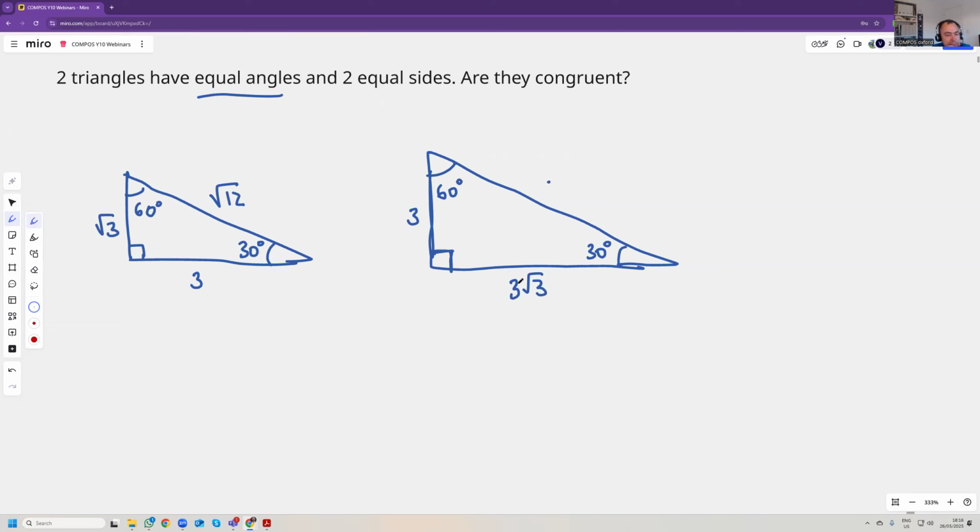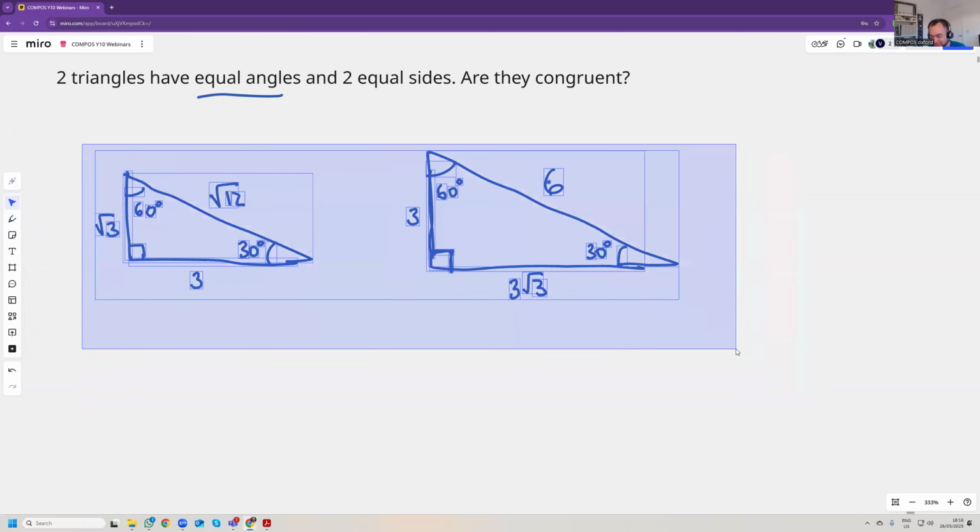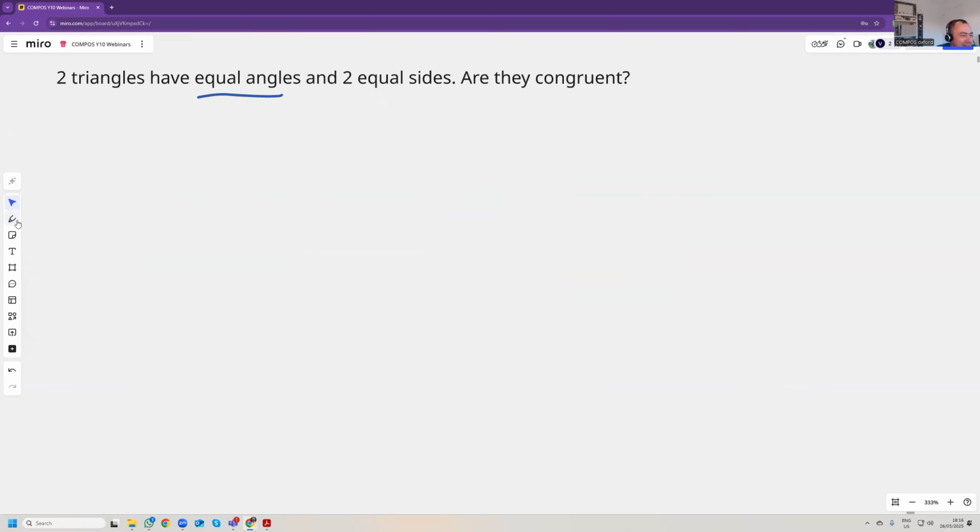And this would be 3 root 3 plus, so 9 times 3, 27 plus 9, 36, root 36, so 6. And this would be 3 root 3. Sorry, it's not working. I apologize profusely. Sorry.